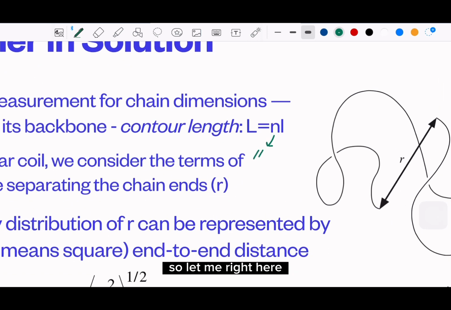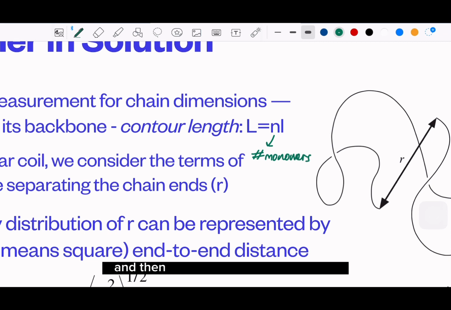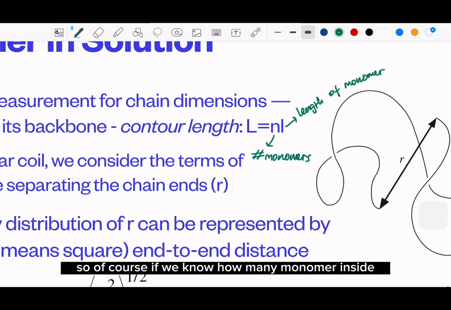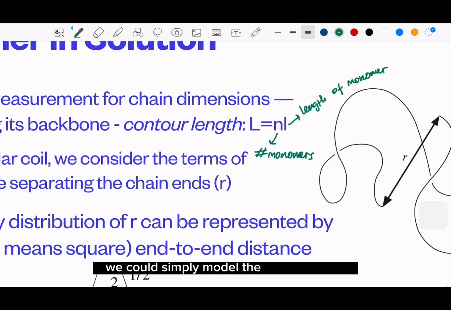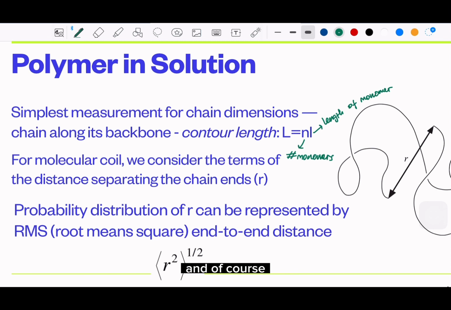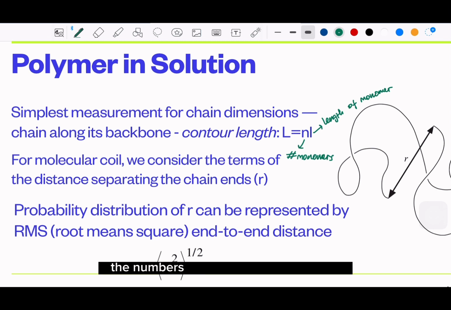Let me write here how many monomers are inside, and then the small l here is the length of a monomer. Of course, if we know how many monomers are inside and the length of a monomer, we could simply model the contour length. Of course, the number and the monomer's length will be obtained by some approximations, which later we will see how it ends.